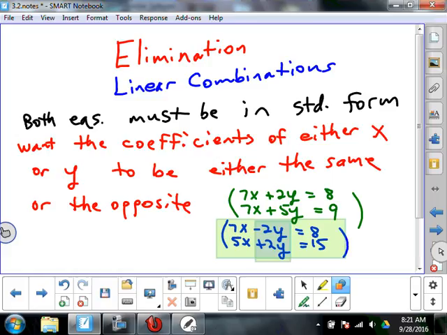Yeah. They'll cancel each other out if we combine those by addition or subtraction. So in this case here, can everybody see that? Is that big enough to see? In this case here, if we were to take those two equations and add them, the y terms are going to cancel out if we add those two equations. If we took these two equations and we subtracted them one from the other, what would happen? The x terms would cancel, right?